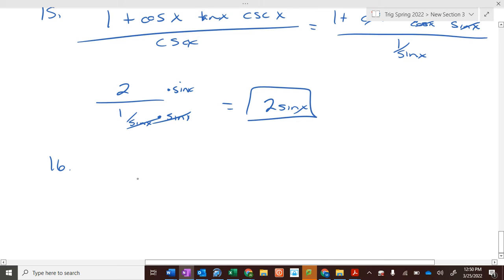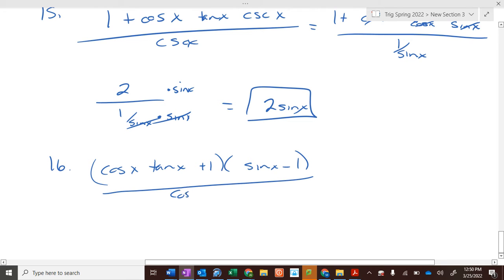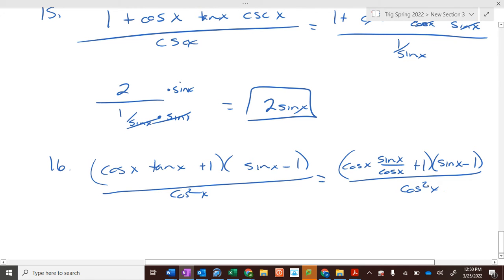Last one. Cosine of x tangent of x plus 1 times sine of x minus 1 over cosine squared of x. Okay, cosine tangent is cosine of x, sine of x over cosine of x, plus 1 times sine of x minus 1 over cosine squared of x. What can I do there on the top? Cancel out cosines.